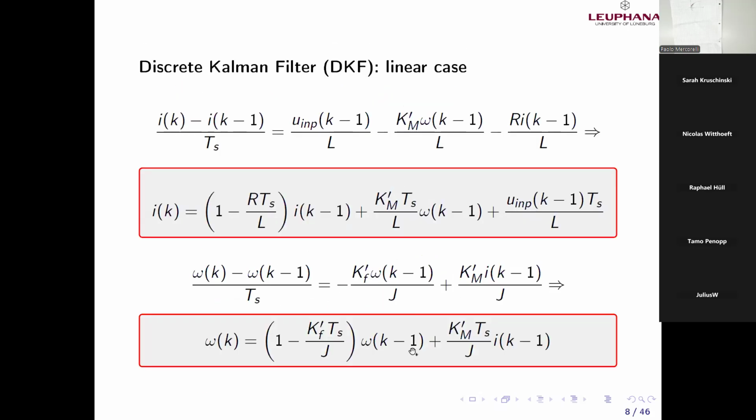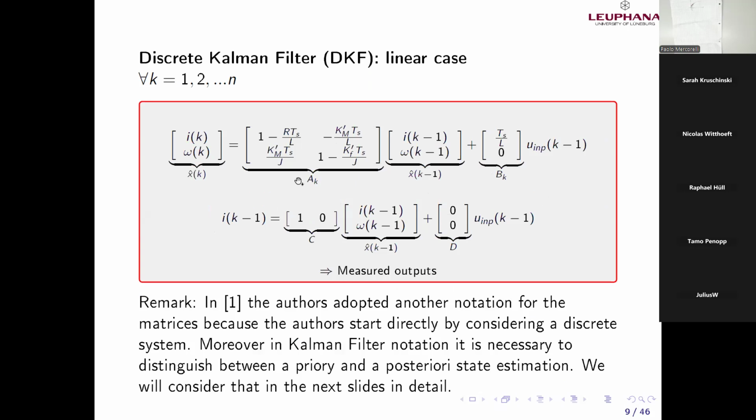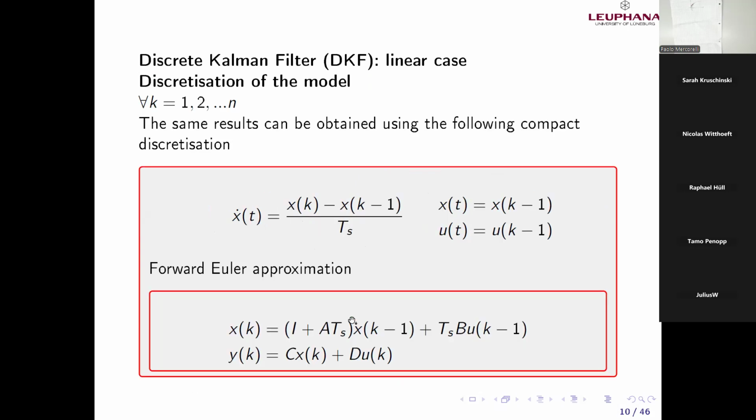Without doing these calculations by hand, we can obtain this expression using this general discretization. I don't have time to demonstrate this, but it's not so difficult. We don't have to learn it, because MATLAB does it directly with the command. This means once you understand what MATLAB does, we don't have to learn this.